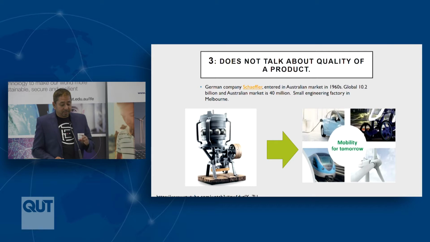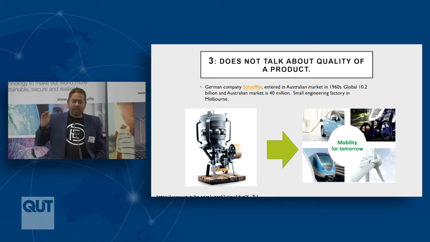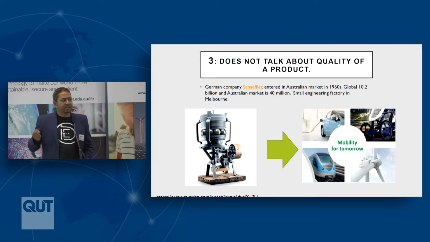Now this is the story of a company called Schaeffler, a German company which entered the Australian market in 1960. This is very important and provides a very good understanding of how we define digital export.